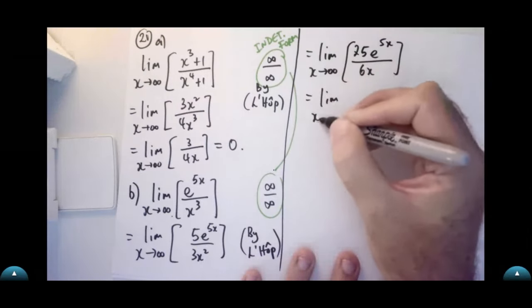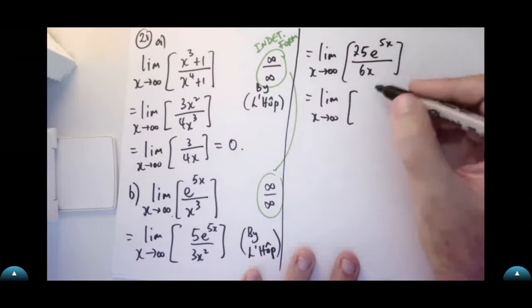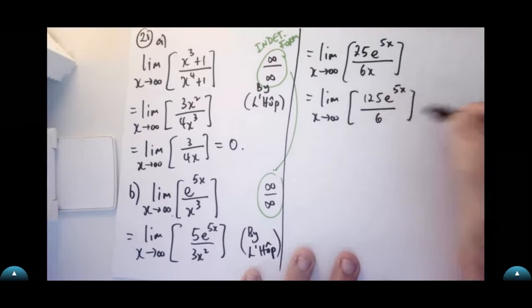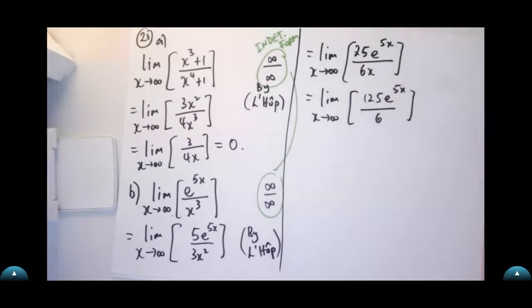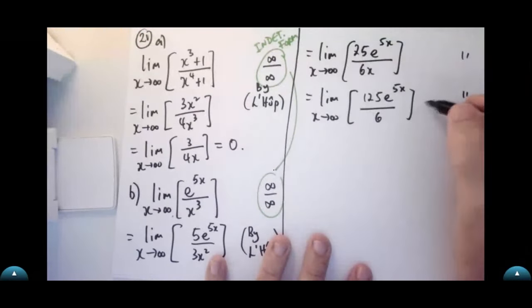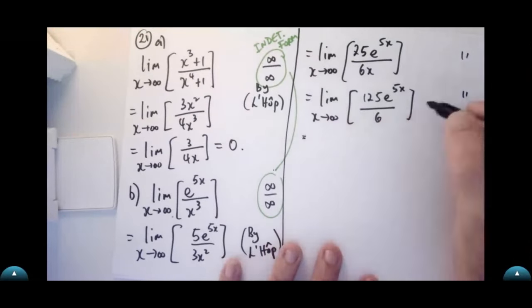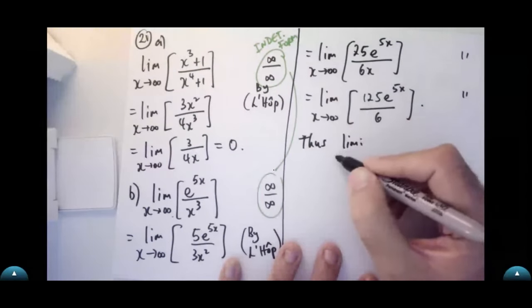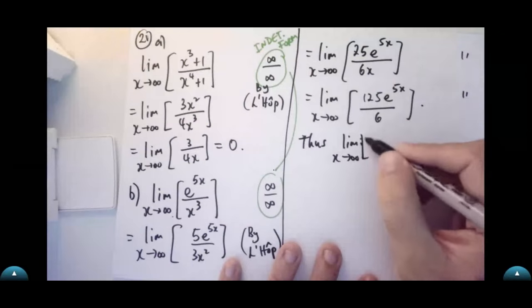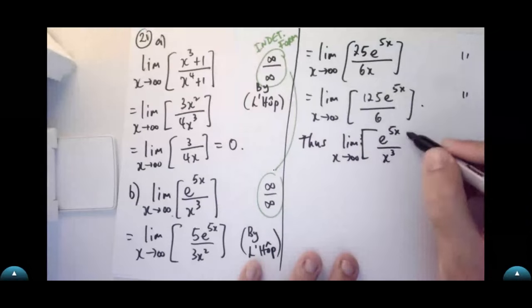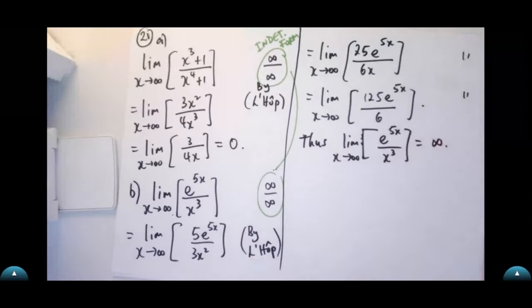And then we're going to get 125 e to the 5x over 6. So if we've annihilated that down to a constant, the limit... There you go.